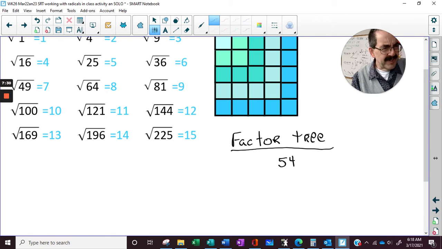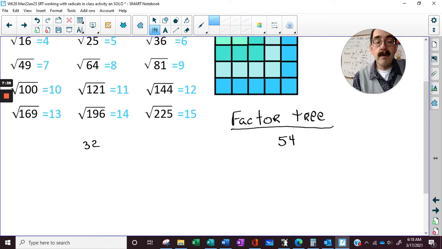All right, factor tree. I'm going to use 32 over here as an example. What are all the prime factors of 32? Well, I know it's an even number, and I know that 32 is made up of 2 times 16. 2 is a prime factor, so we keep the 2.